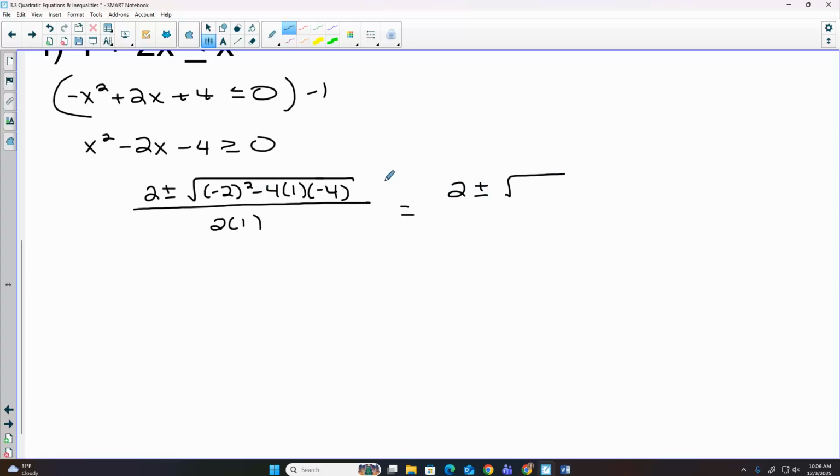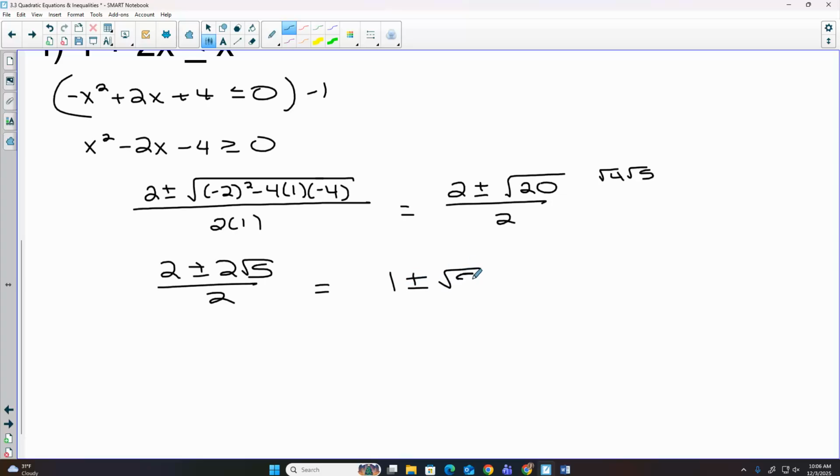Okay, so I get 4 plus 16, so that's 20. I can break down 20 into 2 radical 5. Divide by 2 and I get 1 plus or minus the square root of 5.